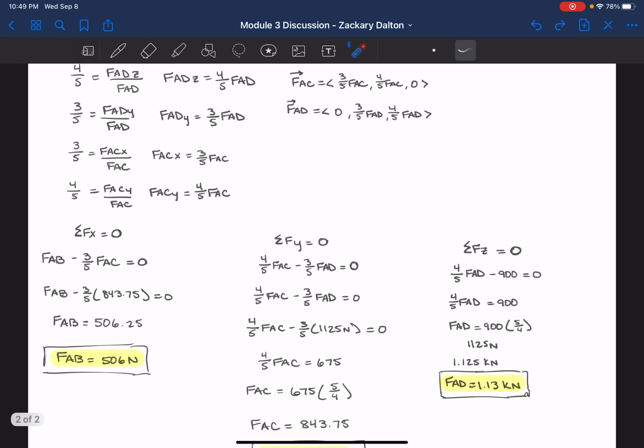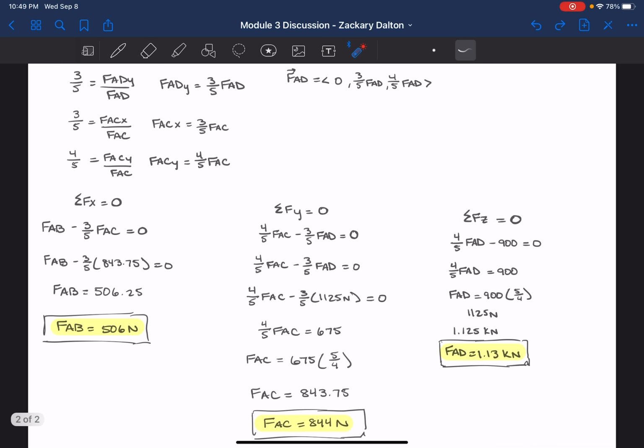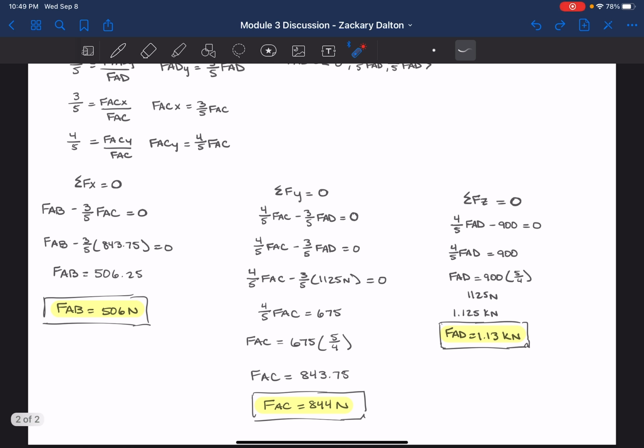And it's basically the same process that you just did before over here. You will multiply 675 by 5/4, and you should get 843.75. And when you round it to 3 sig figs, it will be FAC is equal to 844 newtons.